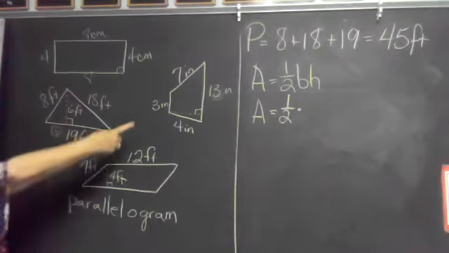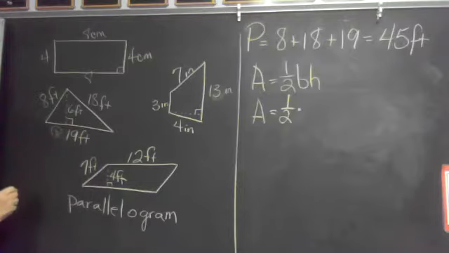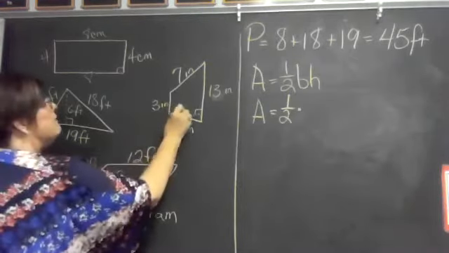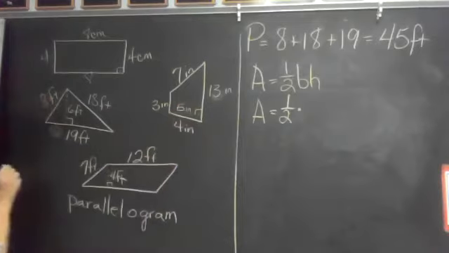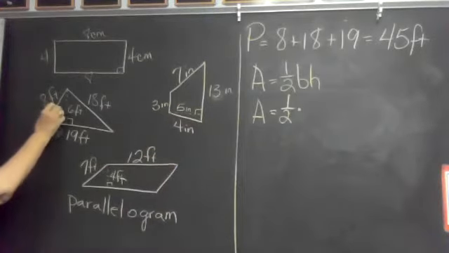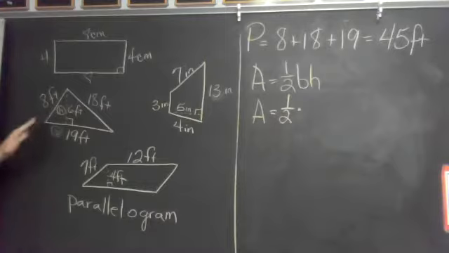This one, 5 inches, is appropriately named, and we won't use it for a while, but it's called the slant height because it's not perpendicular to the base. This one is the one you're going to use in our formula.